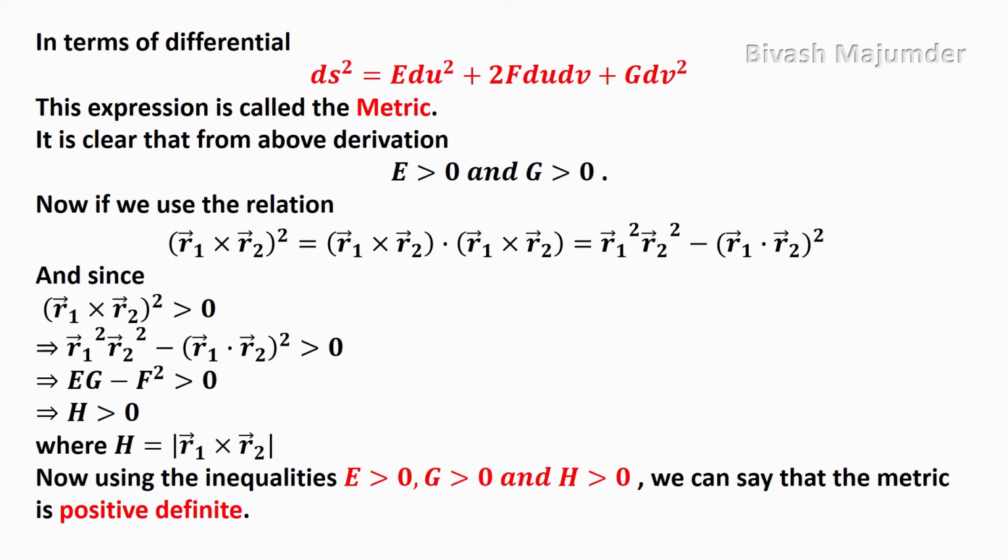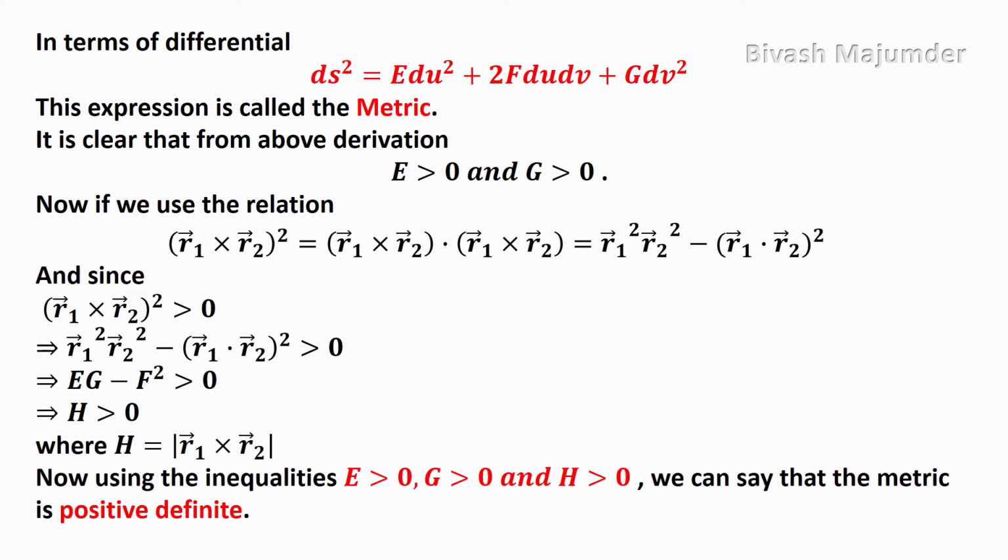Now if we use the relation (R1 cross R2) whole square equals R1 square into R2 square minus (R1 dot R2) whole square, since (R1 cross R2) whole square is greater than 0, this implies H greater than 0, where H equals mod of R1 cross R2.